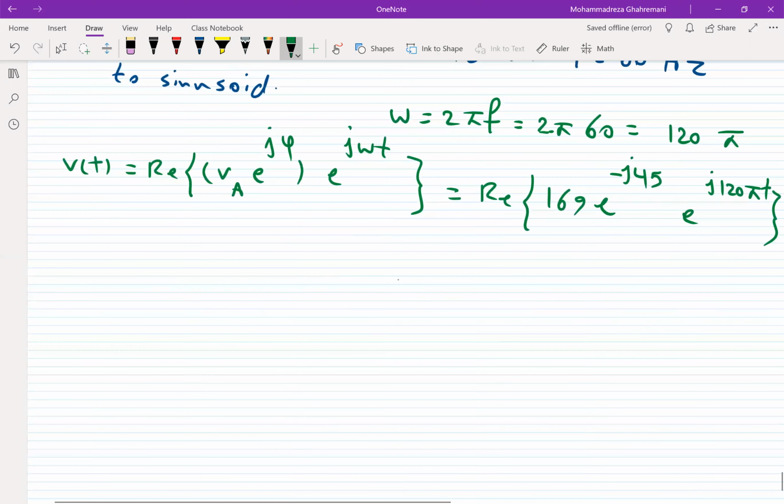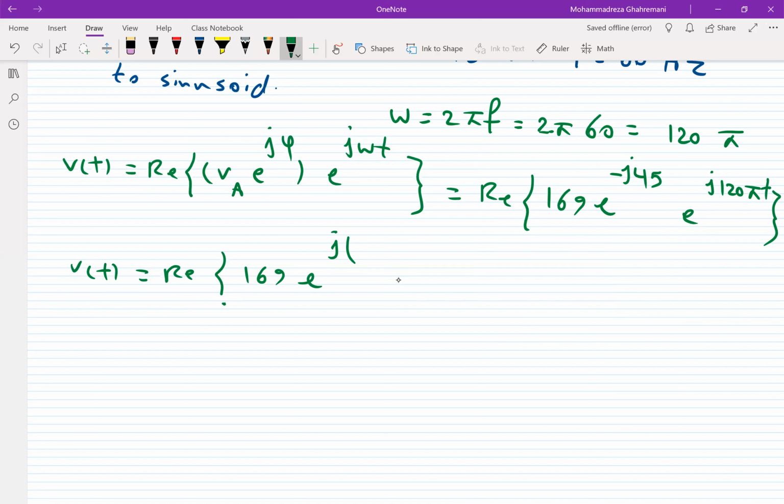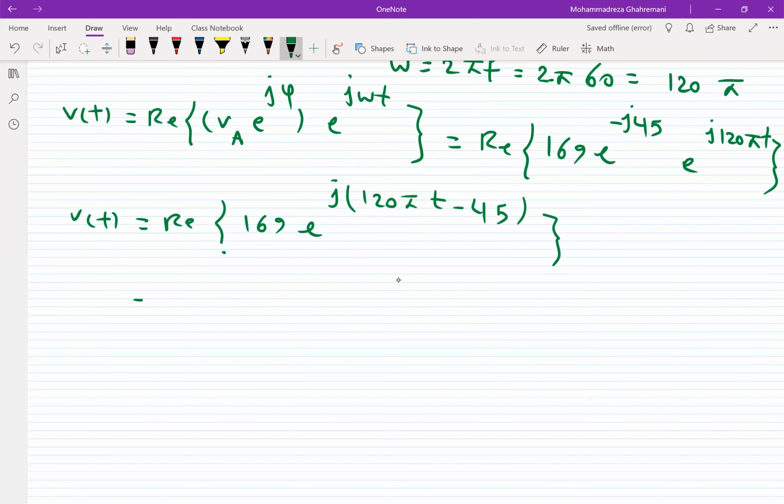Okay, and now we can say v of t is equal to real part of 169 e to the power of j (120 pi t minus 45), which is equal to 169 cosine of 120 pi t minus 45 degrees.